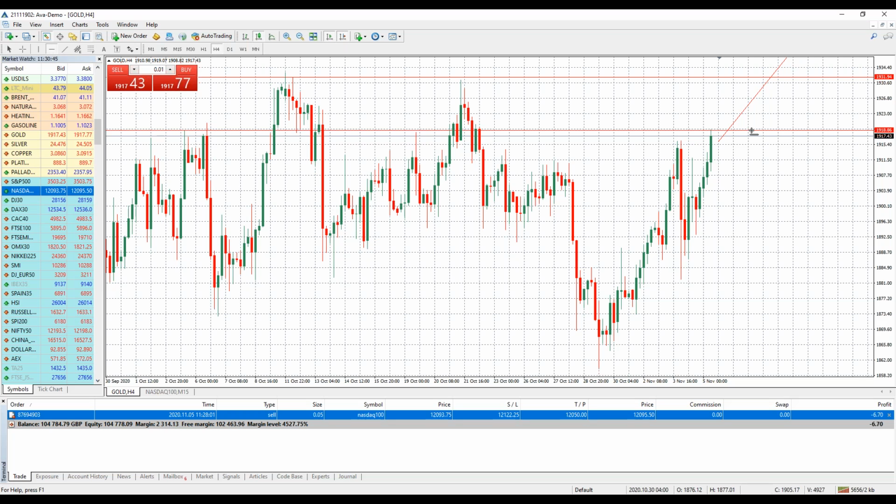If gold breaks above that line, let's say gold hits this price here, 1920, then it broke the resistance that it bounced down from, at this wick and here. If it does break through, you could have a buy stop pending order right up here, ready to go with the take profit before this resistance at the top. That type of breakthrough easily could occur with the type of news that is yet to come today.